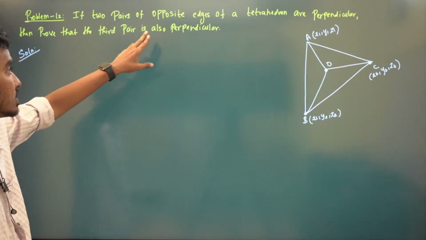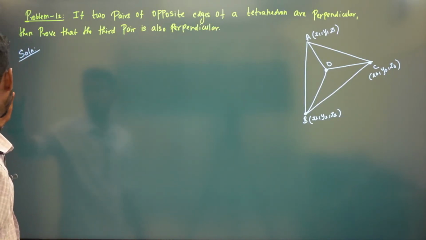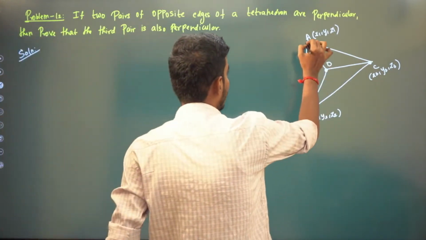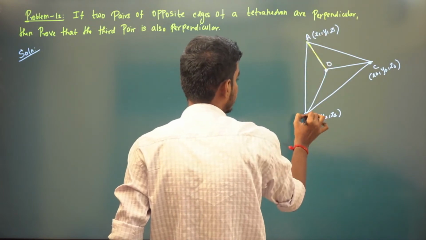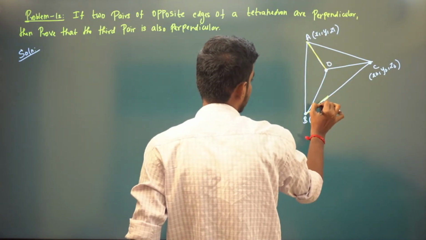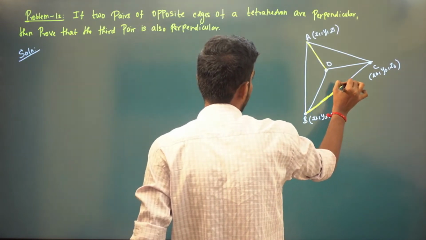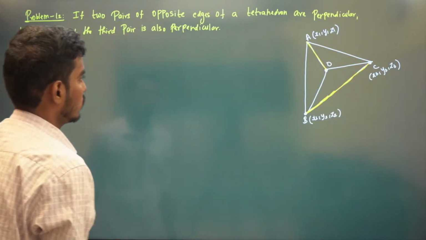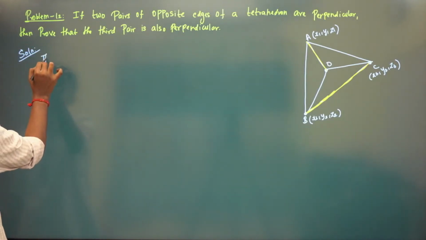If two pairs of opposite edges of a tetrahedron are perpendicular, you can see one pair is OA and BC. They are given that two pairs of opposite edges are perpendicular.